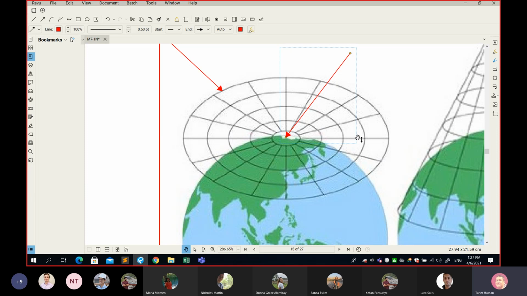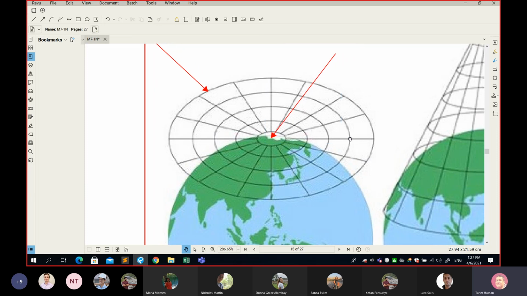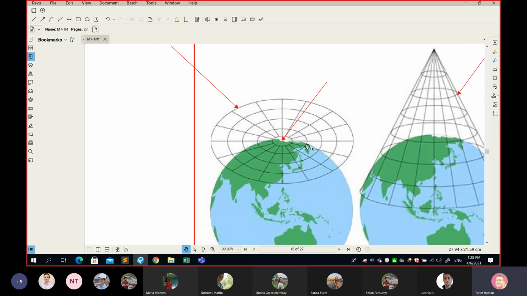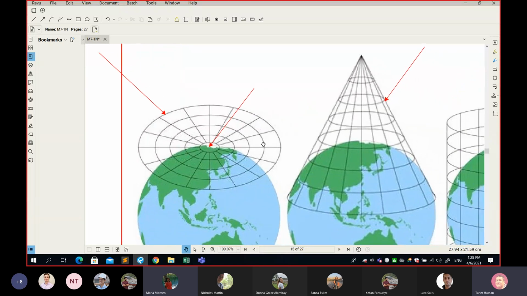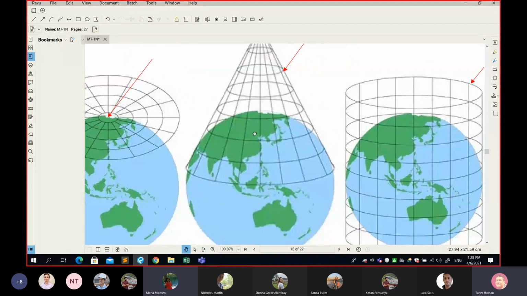It means k is equal to 1. Yes, k equals 1. There's no distortion at this spot. Okay, perfect. So now let's go to the conical.